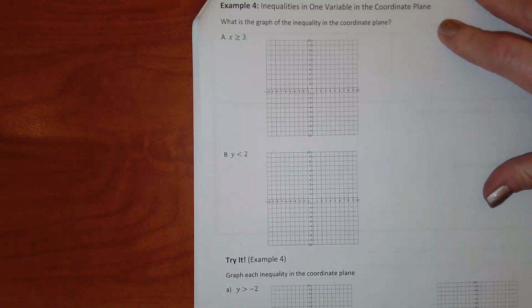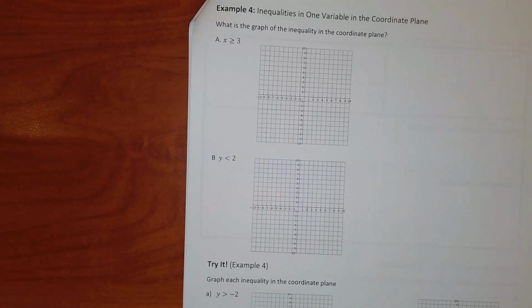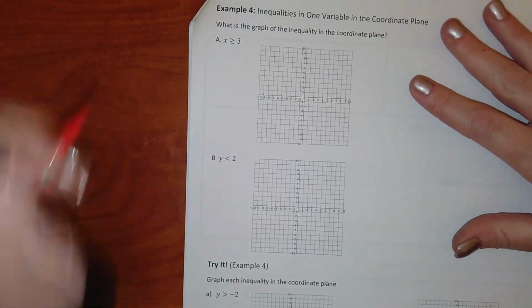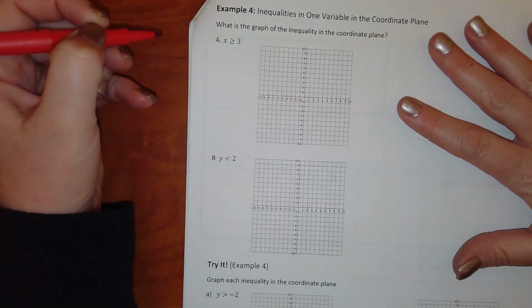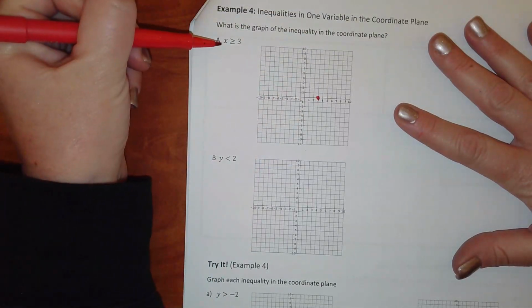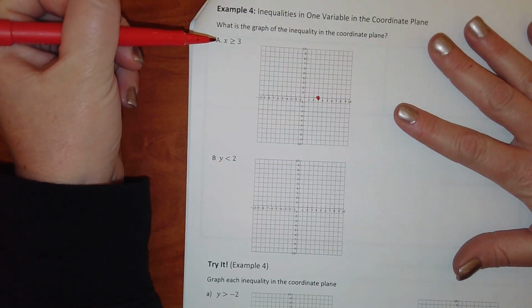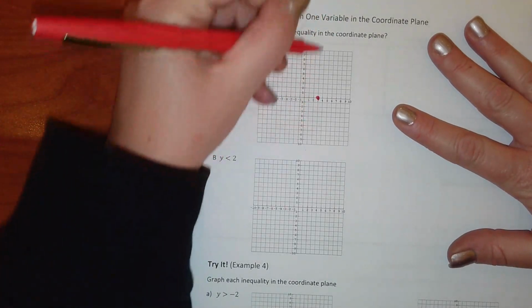Last ones are going to be these guys right here, where they are your vertical and horizontal lines. We did these when we talked about standard form. If it says x is greater than or equal to 3, that means you would go to 3 on the x-axis. There's no y in the inequality, so you're not going to ever cross the y-axis, so this is a vertical line.